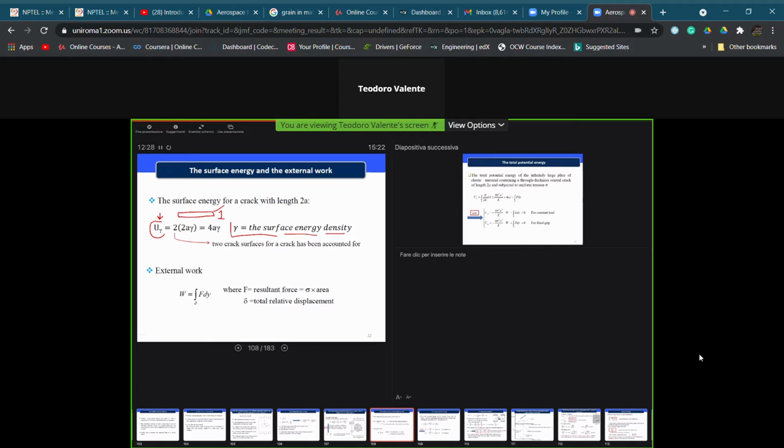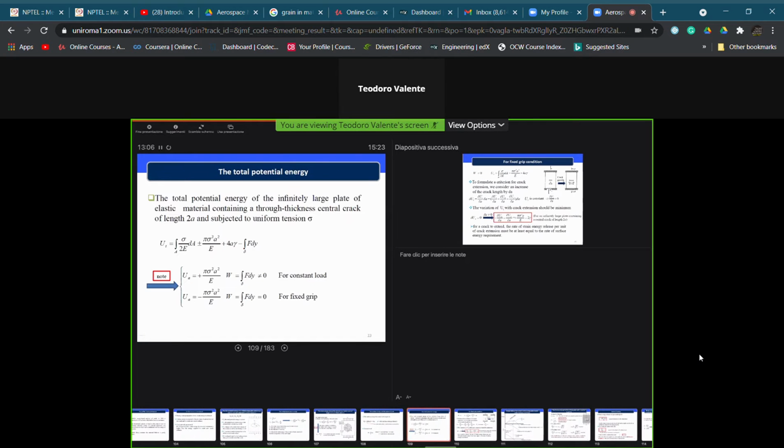For the external work, that is the last term with a minus sign in the general equation, again this is a work, so we can calculate it by making this integral, having available the total relative displacement, that we call for example delta, with a force which is just obtained by multiplying the applied stress, constant on surfaces in which defects do not exist, by the area of our specimen.